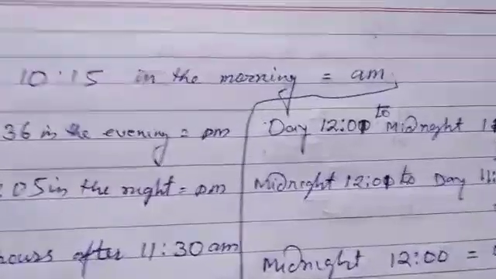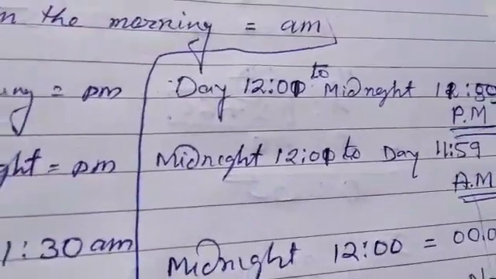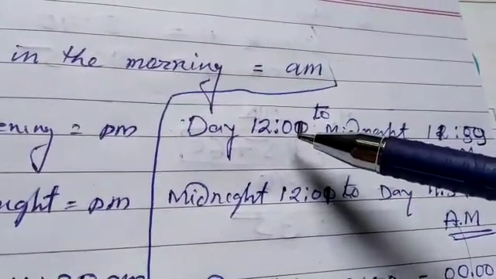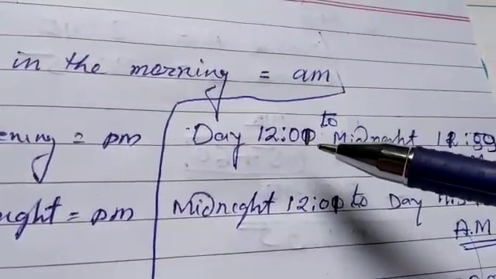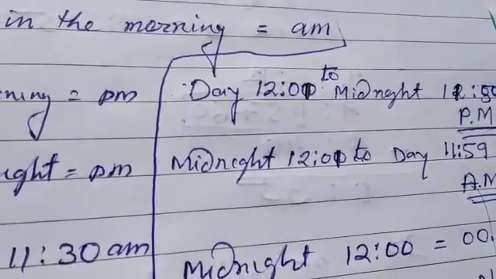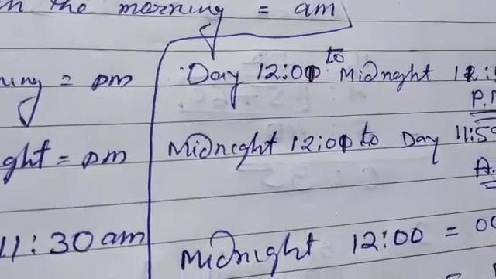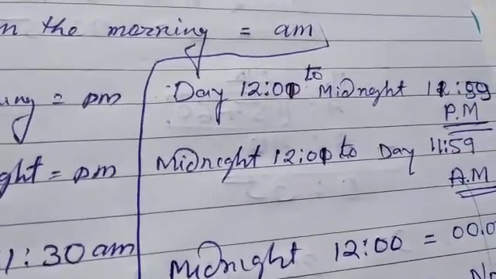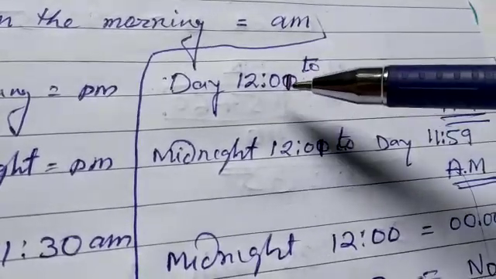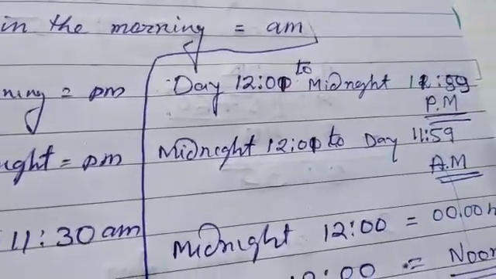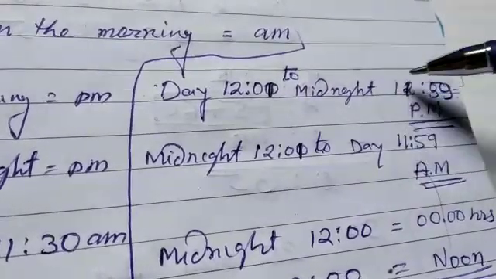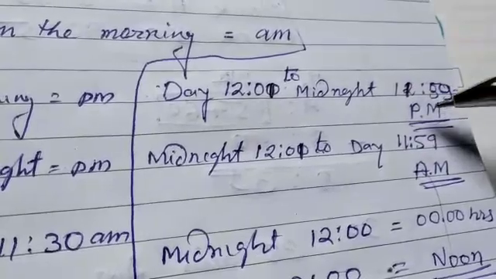So the rule is: day 12 hour 1 minute. 12 hour after 1 minute means actually it is from 1 second after the 12 hour. After 1 second only it is considered PM. So from the day 12 hour 1 minute to 11 hour 59 minutes midnight, that much time we consider PM.